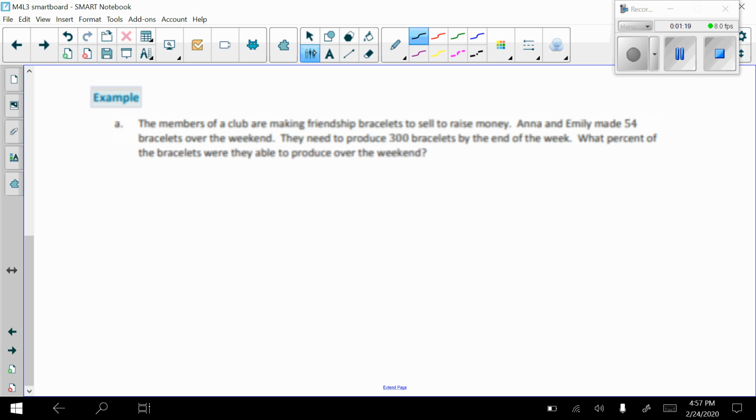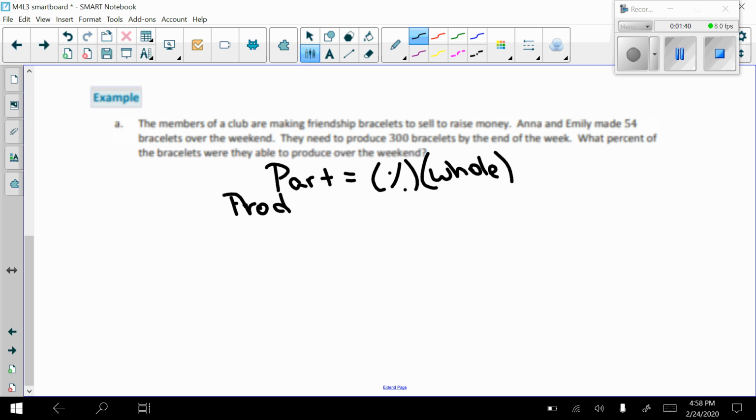So as I talked about before, I'm going to write my formula. Part equals percent times whole. And then I'm going to substitute in my words. The part is how much they produced, and that's a percent of how much they want, how much they need.